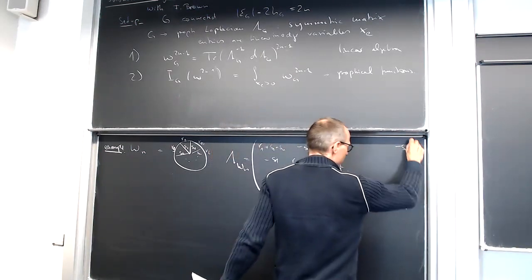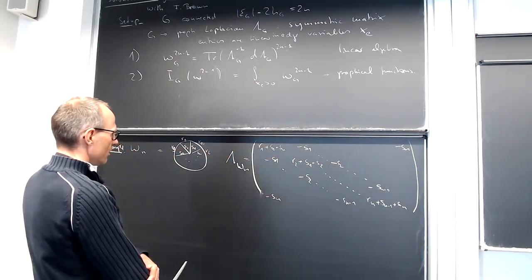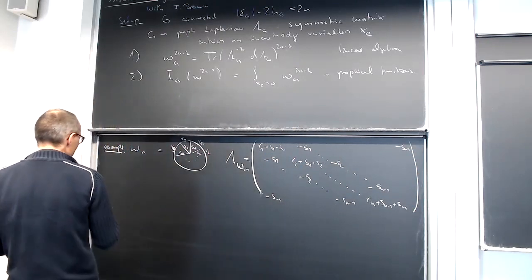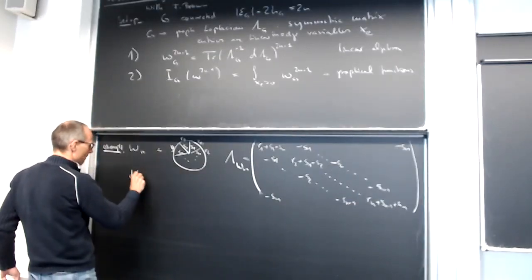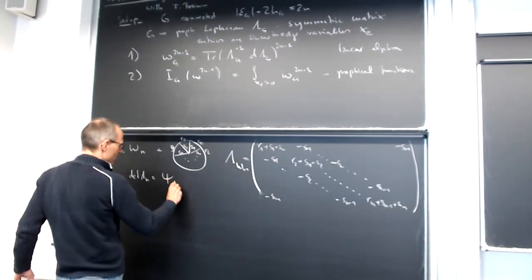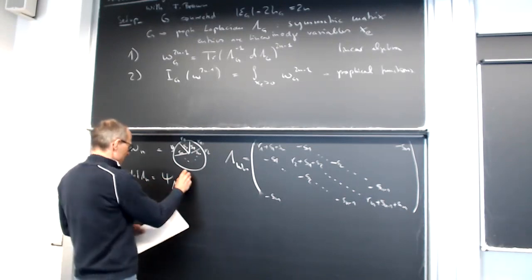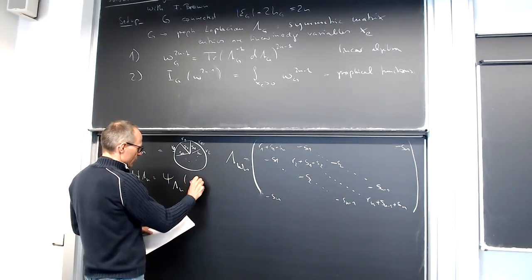So that would be the graph Laplacian of the wheel. And the determinant of the graph Laplacian is always the graph polynomial, or dual, depends on how you define it. And it's a function of the variables R and S.